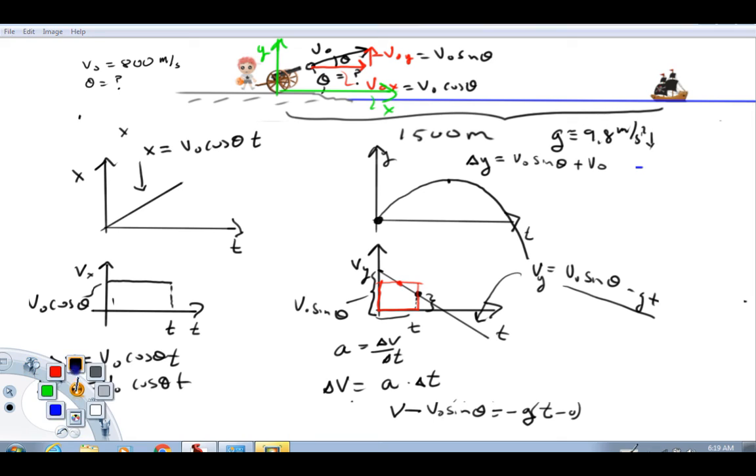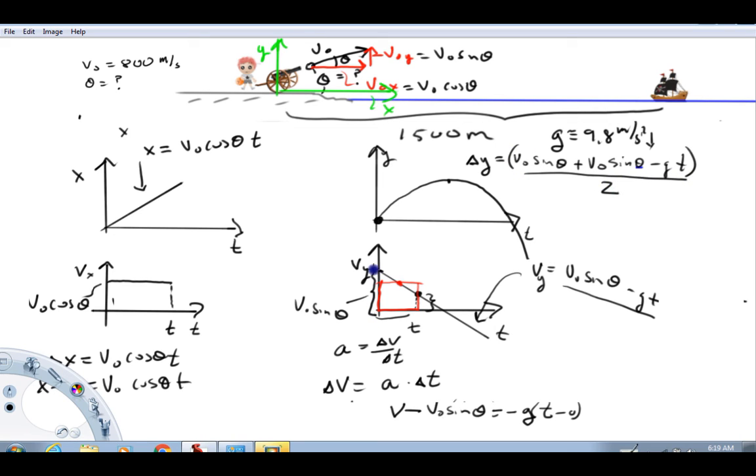Okay. So now again, this area is this distance, which is t, times this distance, which is the average of v sub o sine theta and this velocity defined by this curve. So that's going to be v sub o sine theta plus v sub o sine theta minus gt, over 2.